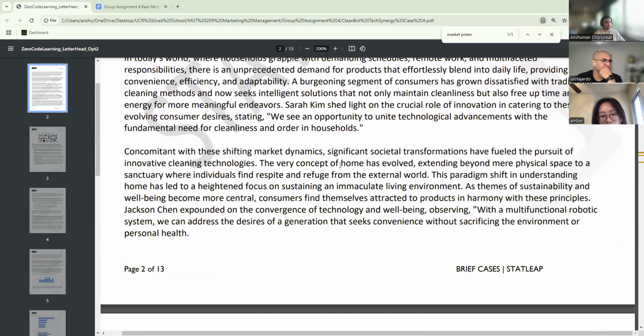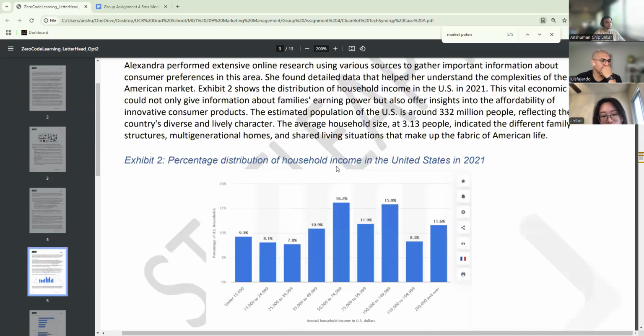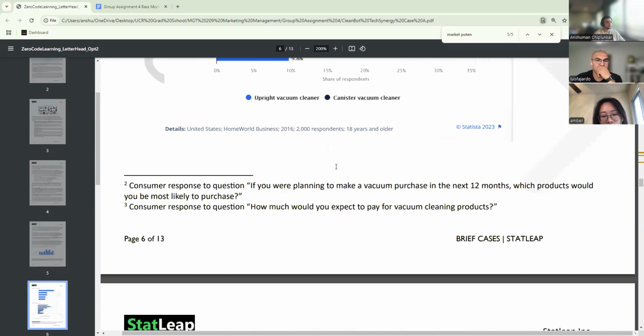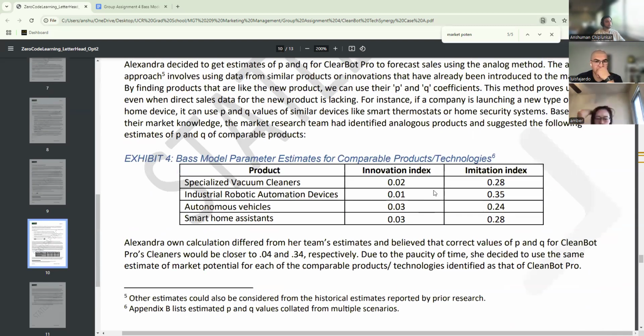So instead, what we're trying to do is use an analog test. Let me pull up the analog. So these are our industry analogs, right? In our competitive space, we have other people who are producing specialized vacuum cleaners, industrial robotic automation devices, autonomous vehicles, and smart home assistants, right?